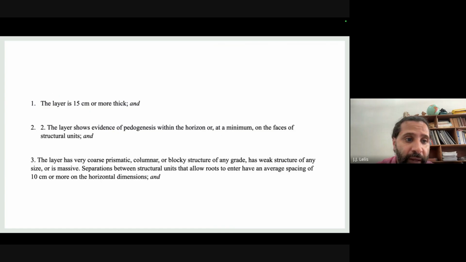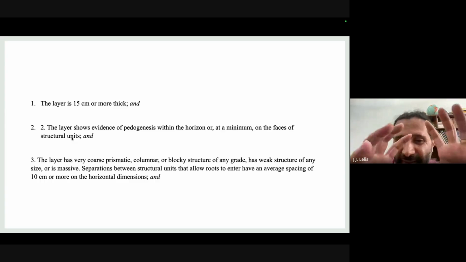So the fragipan should register at least 15 centimeters or more of thickness. And that section should show some pedogenesis within the horizon, or at the minimum on the faces of structure units. So I should register at least a little of pads, a little of aggregates.